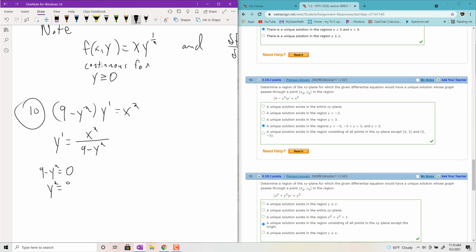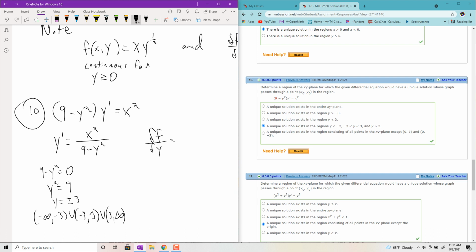So y squared is 9, so y is plus or minus 3. So our interval on this guy, negative infinity to negative 3, union negative 3 to 3, union with 3 to infinity. And then we want the partial of this thing with respect to y.